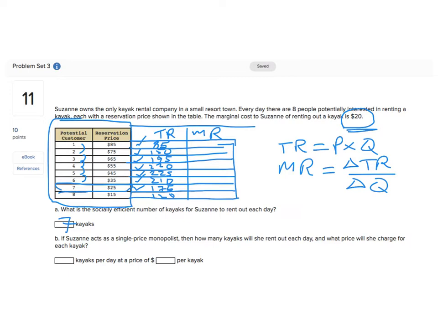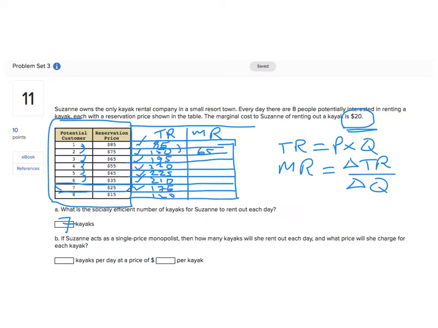All right, marginal revenue, given that the denominator is always growing by 1, we don't have to worry about that in this case. Watch out for that on a test, though. Change in total revenue is 65 divided by the change in quantity. In this case, it's just 1. That marginal revenue is going to be 65.